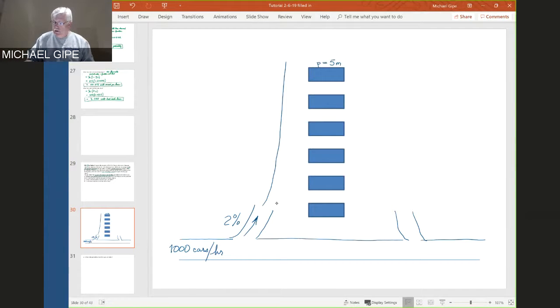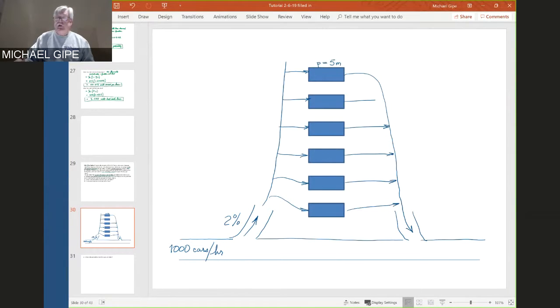They'll pull up to an open pump, an available pump, and then head back out to the highway after 5 minutes. However, if they go by all 6 pumps and they find that none is empty, they'll bypass them all, and these are lost customers.